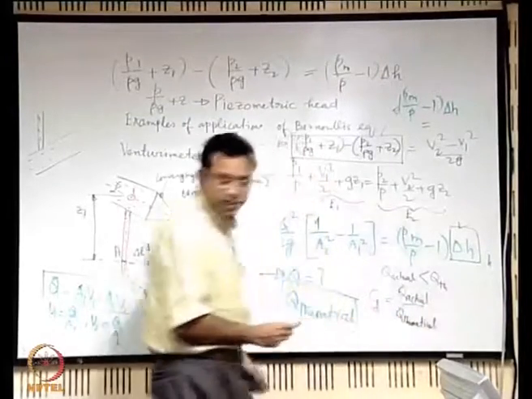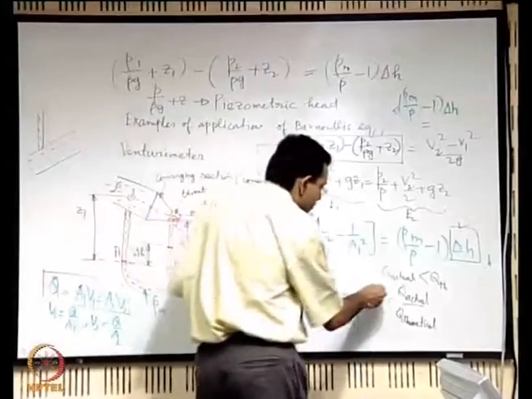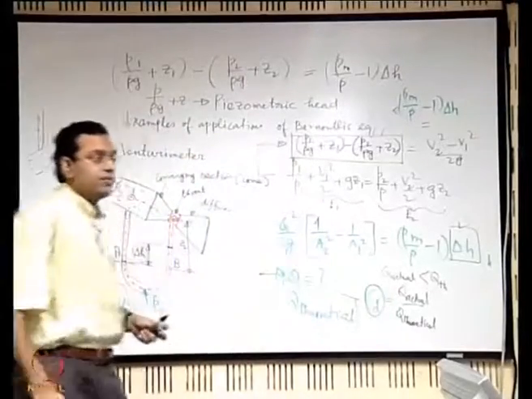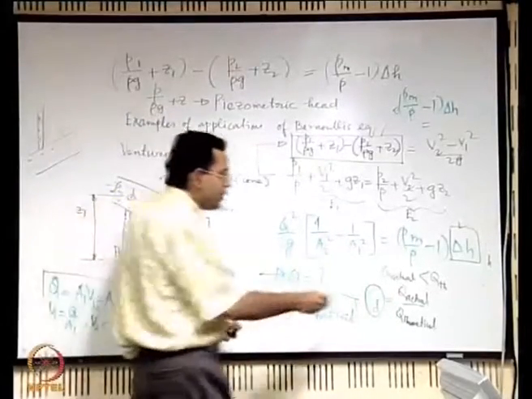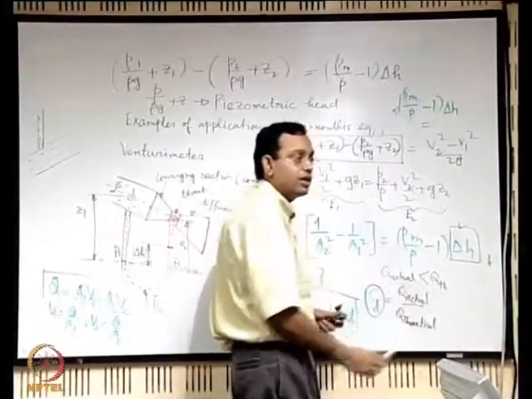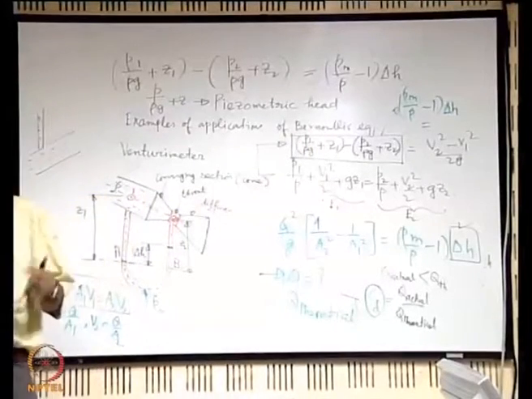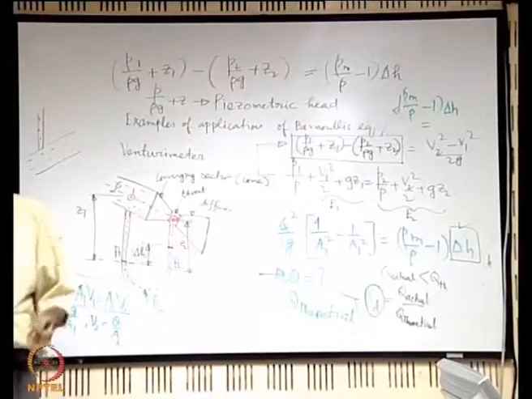So, if somehow this coefficient is known to us, whatever, by magic, we will see what magic will tell us this number, but if somehow you get this value of CD, then you straight away multiply that with the Q theoretical that you get from here to get the Q actual.